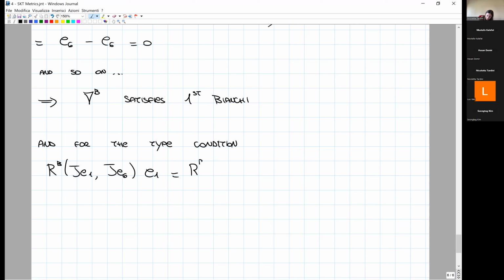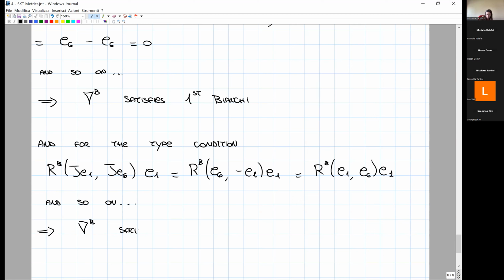So this is RB of J of E1, which is E6, and J of E6 is minus E1. And so for the symmetries, this is RB of E1, E6, E1. So you see, you can get rid of this J. So check, this is good. And so on for the other conditions, okay? For all the other elements in the basis. So nabla B also satisfies the type condition.